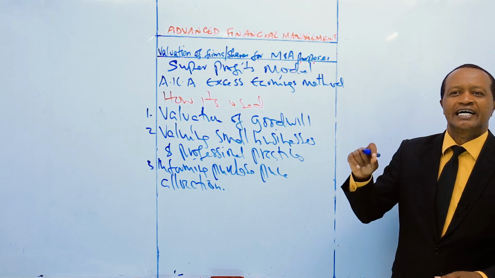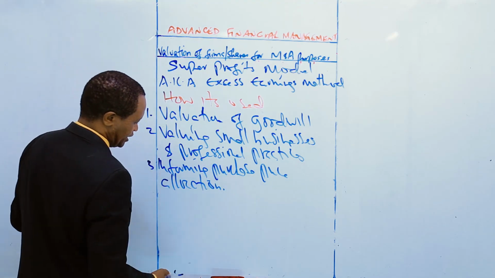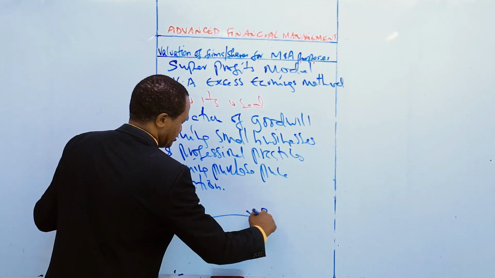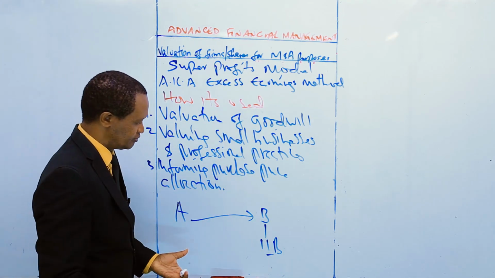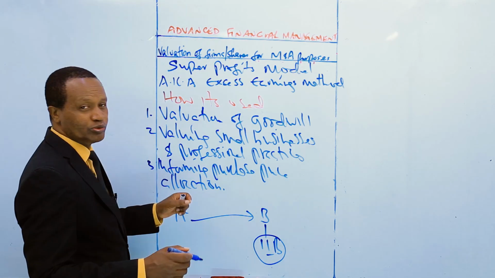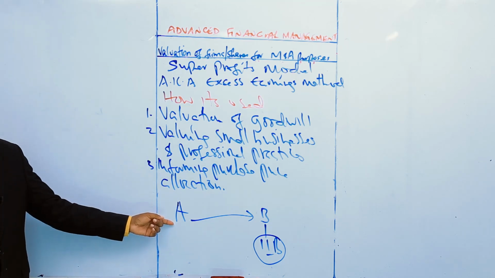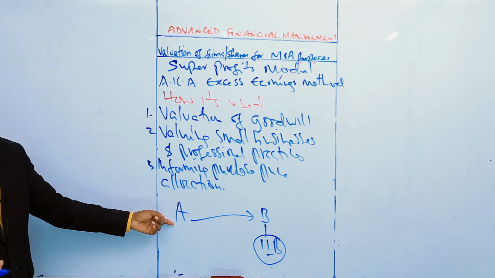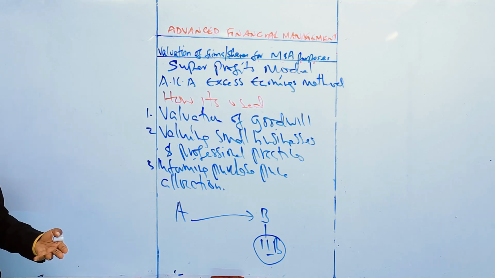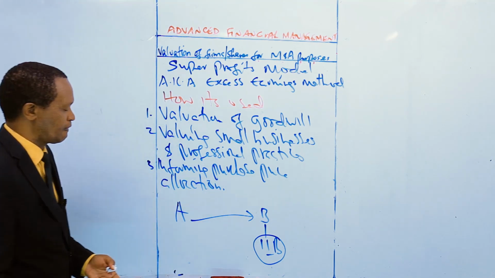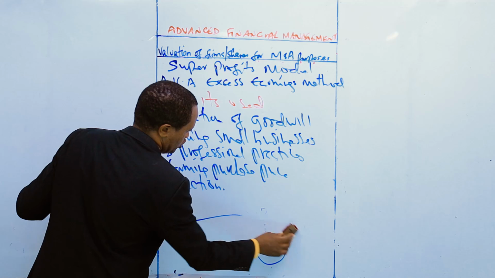Like the example I gave, A acquires B at 11 billion. That is a lump sum. Now, this 11 billion has to be allocated in the books of company A for accounting purposes. And it is this super profits model that provides a basis for valuing the intangible assets that contribute to the super profits, thus helping in the allocation process. That is the third use of the super profits method or model.